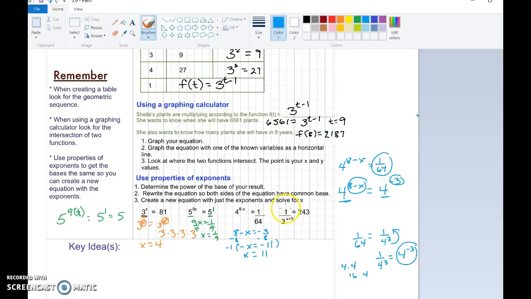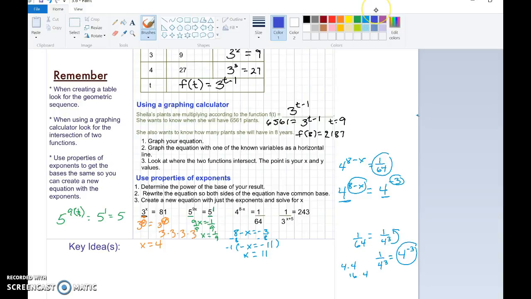1 over 3 to the x plus 5 power equals 243. So the first thing that I think I want to do is go ahead and get my 3 to the x plus 5 above the denominator line.